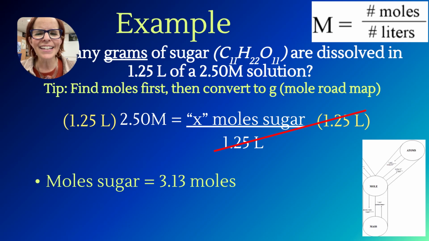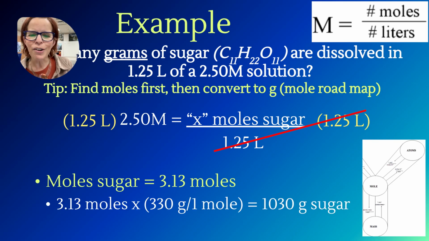Now, the question didn't ask how many moles. The question asked how many grams of sugar. So now this is a straight up moles to grams equation. So that's where you start in the middle of the mole roadmap and go down to grams. So you write down what you were given, which was 3.13 moles. And then we usually do it with a straight line. You put the number of grams.